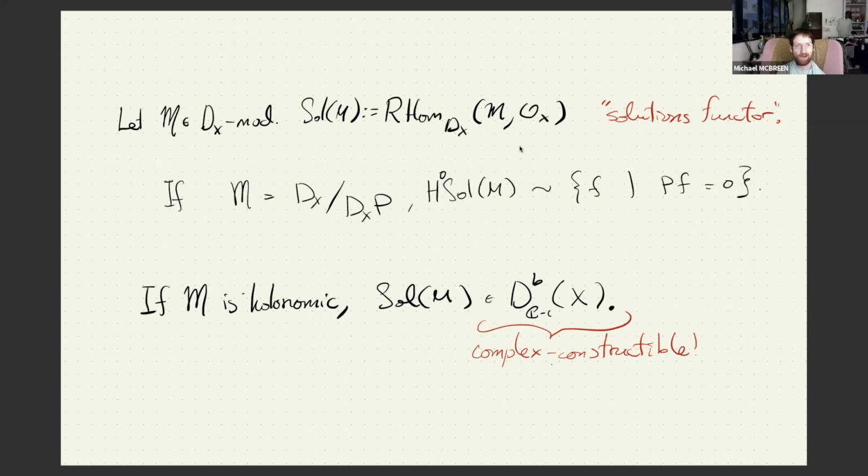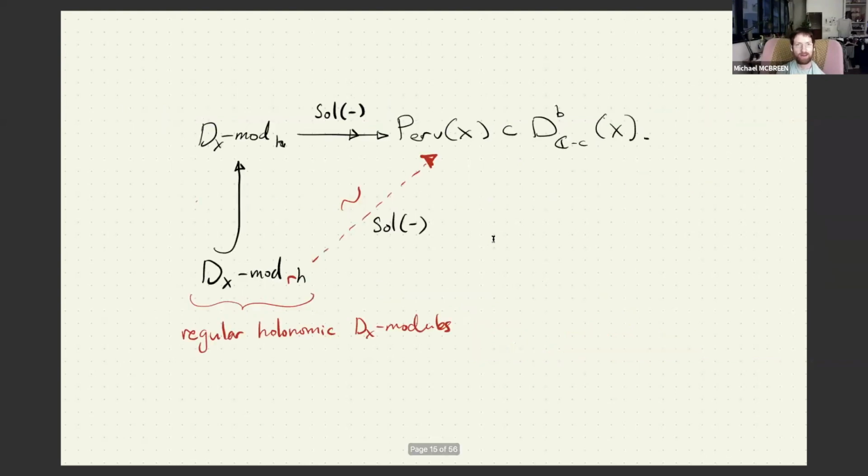Now, it lands in perverse sheaves, but the functor is not injective somehow. There are different holonomic D modules with the same image. So the abelian category given by the image of this in constructible sheaves is the category of perverse sheaves.